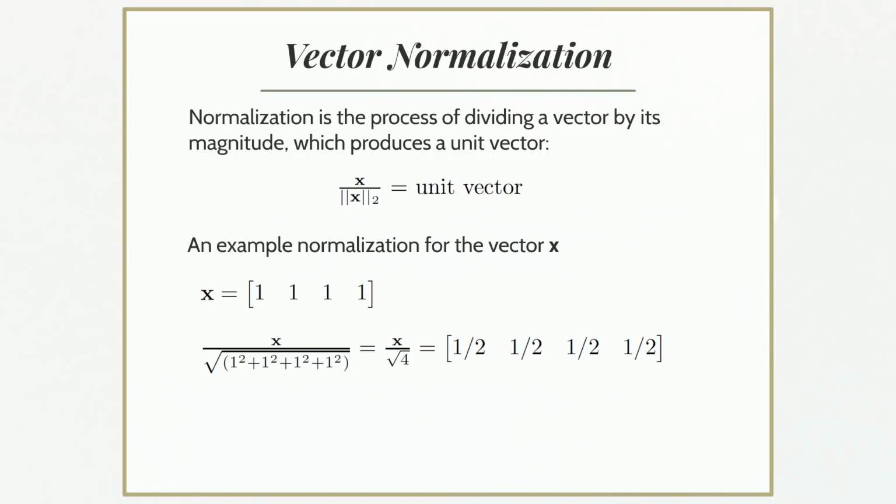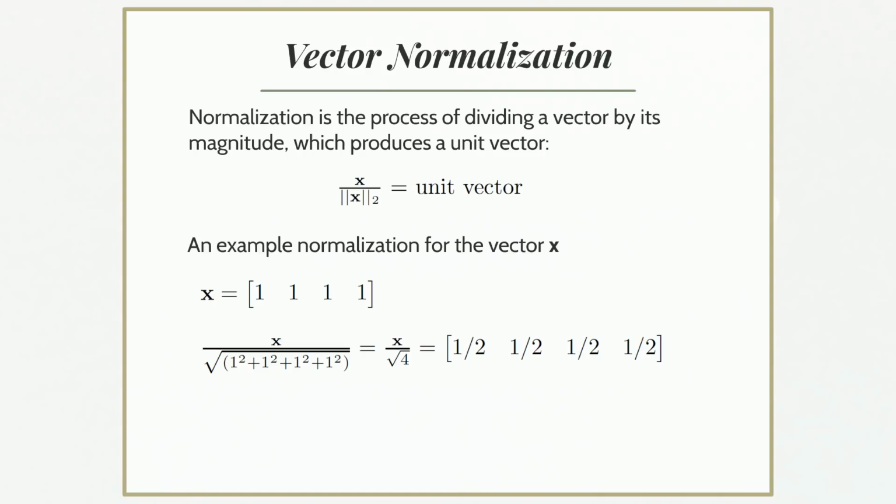Since each element is 1, we're going to have that 4 times. Taking the square root of that, we're actually going to get back 2. So dividing each element by 2, you are going to now have 1/2 for all of the entries in this vector. And actually, if you went back and you took the L2 norm of this resultant vector, you'd see that it is indeed equal to 1. So this is a unit vector. It has been normalized to where the magnitude of the vector is equal to 1.